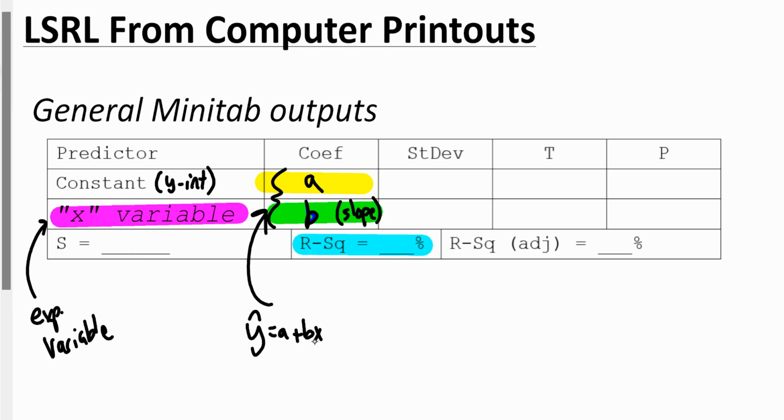But one other thing that's in here is r squared. It's called the coefficient of determination. I'm going to write it out here. We'll talk more about it at a later time.